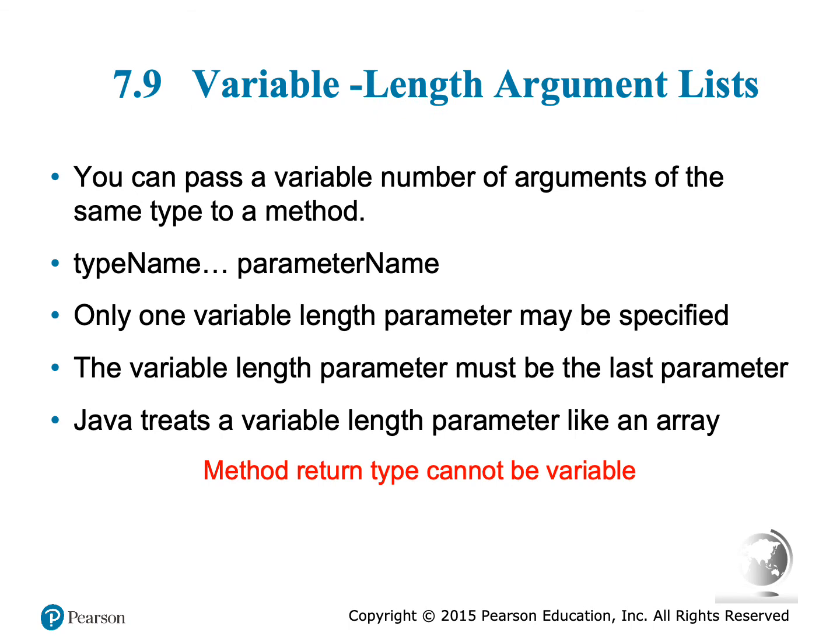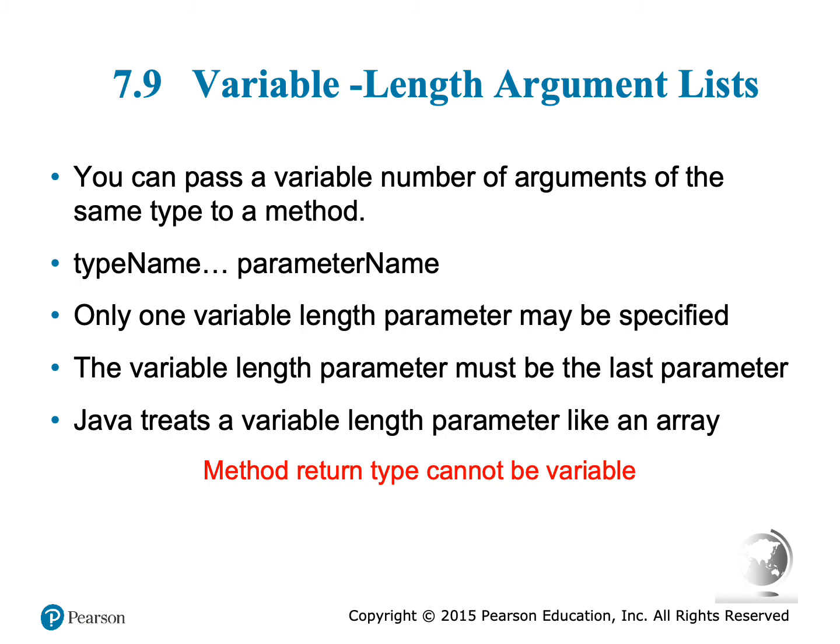Java allows us to pass a variable number of arguments of the same type to a method. The syntax for this in the method definition is type name followed by an ellipsis followed by the formal parameter name. It is important to note that only one variable length parameter may be specified in a method, and this parameter must be the last one in the parameter list.